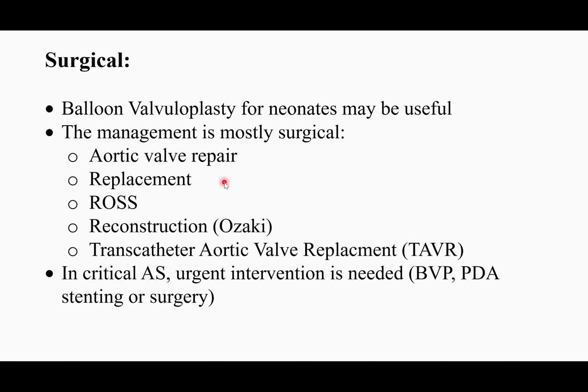So you condemn this patient to redo operations every almost 10 years for a lifetime. A young adult or a child may go through maybe 4 or 5 redo operations, which is very dangerous. So a tissue valve replacement is not a good option for young adults and children.